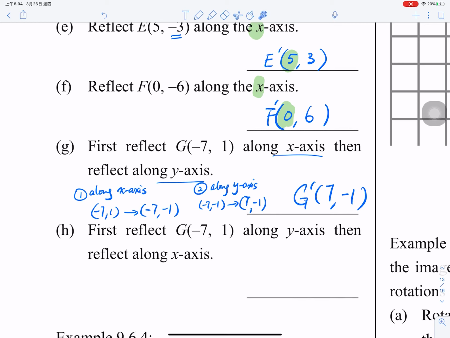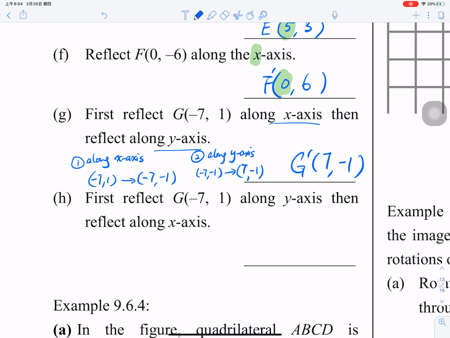So you see that if we reflect along x-axis and then y-axis, the two coordinates all change to the negative of the original values. Okay, so -7 becomes 7, 1 becomes -1. Let's see if this time we reflect along y-axis first and then x-axis. The first one is along y-axis. So (-7, 1) becomes, okay, keep 1, and then (7, 1), right?